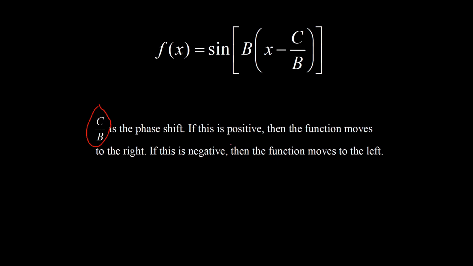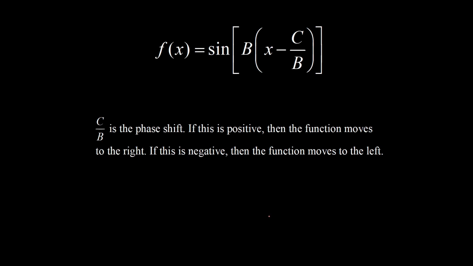If c over b is positive, then the entire function moves to the right, whatever value c over b is. If c over b is 2, then the entire function will move 2 units to the right. If c over b is negative, then that moves the function to the left.